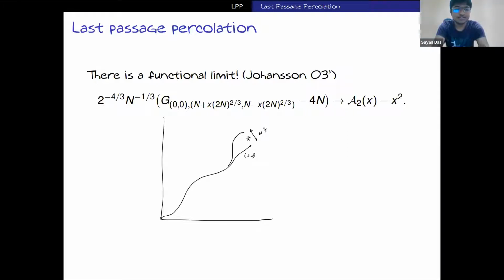Yes, we can. If you move the endpoints on this anti-diagonal, then you obtain a limit function that can be decomposed into something called the Airy process minus parabola.